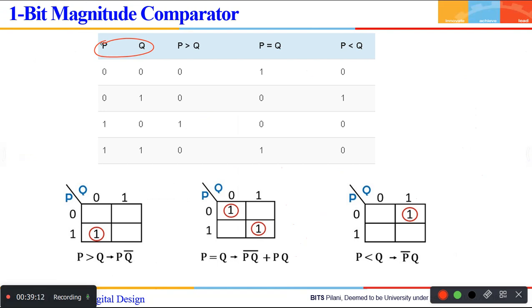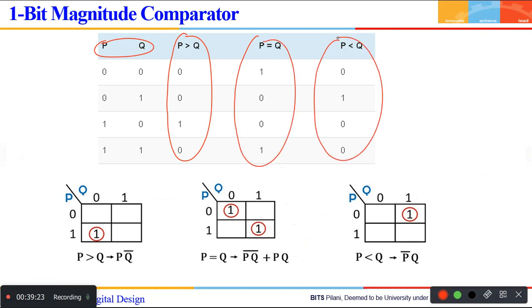Now how to get a combinational circuit for this? Get a Boolean equation for each output. The equation for this will be P Q bar, the equation for this will be P Q bar plus P Q, and the equation for this will be P bar Q. Can you draw the circuit for this? All of you understood how we got these equations?